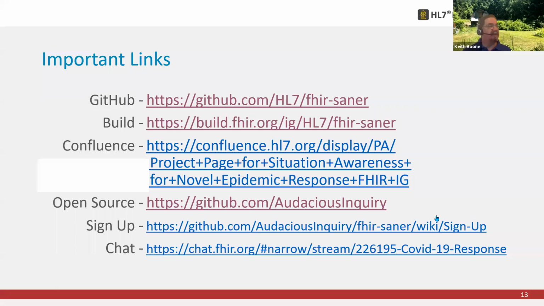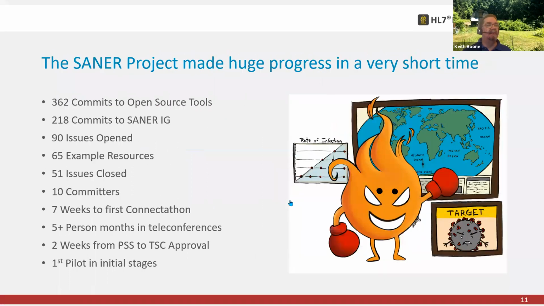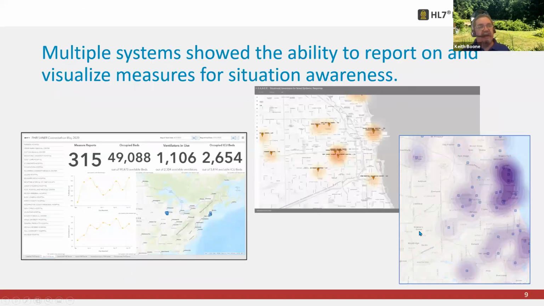This is actually that heat map on the right-hand side, a heat map of deaths based on geography in the Chicago region, and it is actually 2 different applications doing exactly that. This particular map, you can actually see the 2 hot spots that we tested with. One was the state of Rhode Island, and the other was around the city of Chicago. So this is showing the 2 hotspots. So the answer is yes, we can do that.